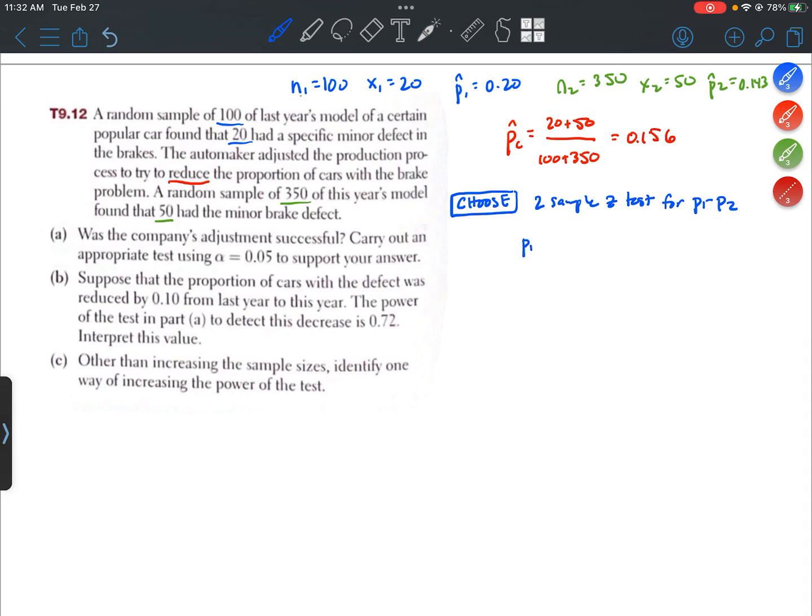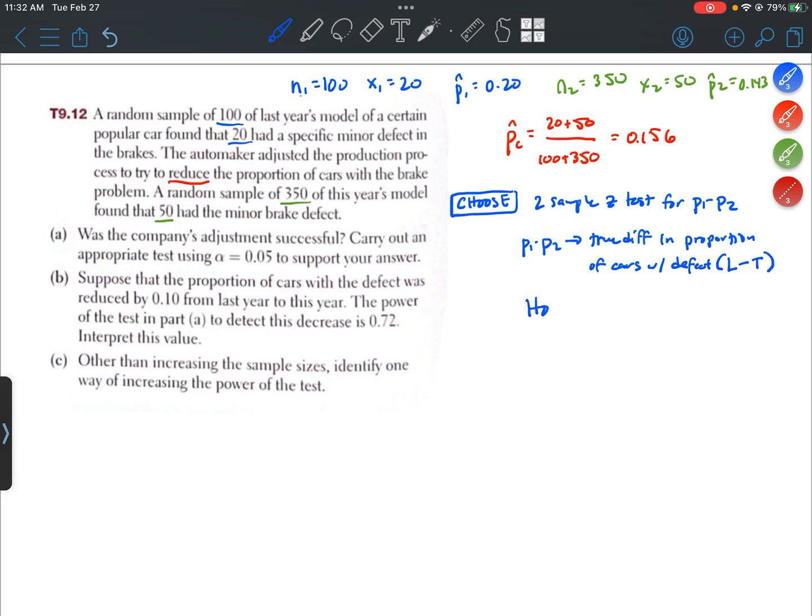Okay, P1 minus P2 is our parameter, which represents the true difference in the proportions of cars with the brake defect. And this is last year minus this year. Okay, last year minus this year.